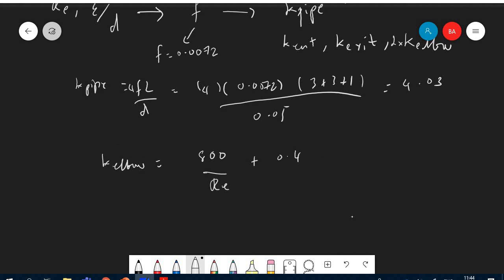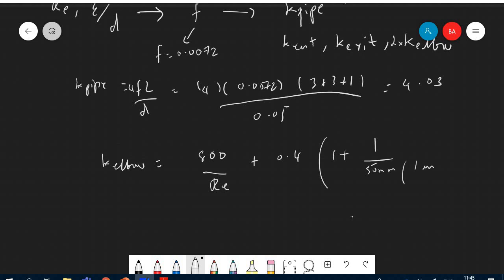Now, how about the elbow? Well, K elbow is K1 over Reynolds number plus K infinity into 1 plus 1 over the internal diameter. The internal diameter, if you can recall, was 50 millimeters. Yes, it was 50 millimeters.